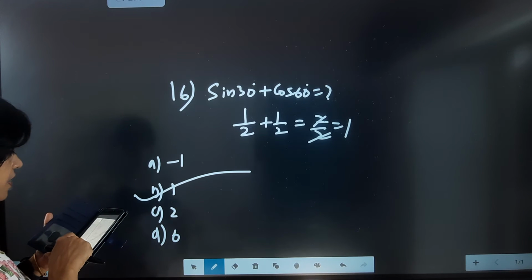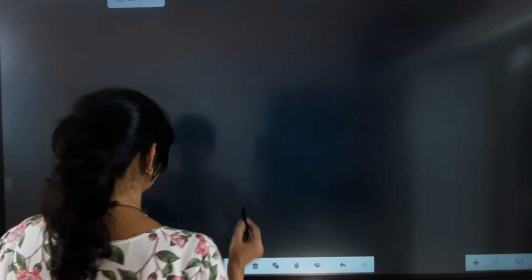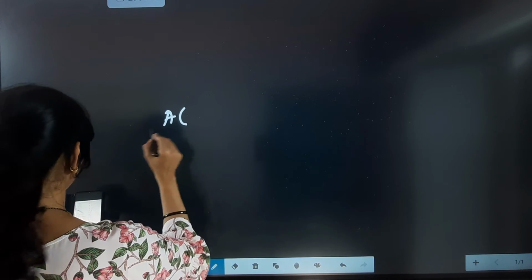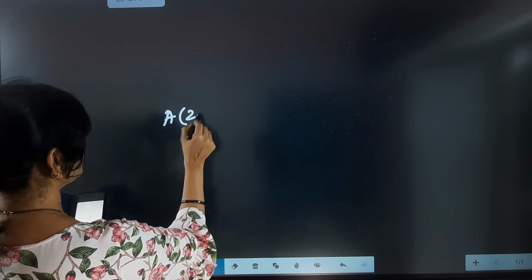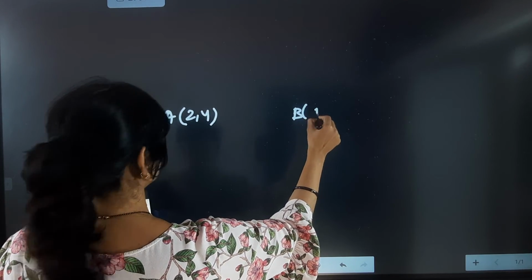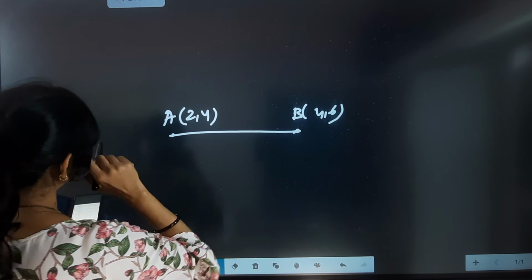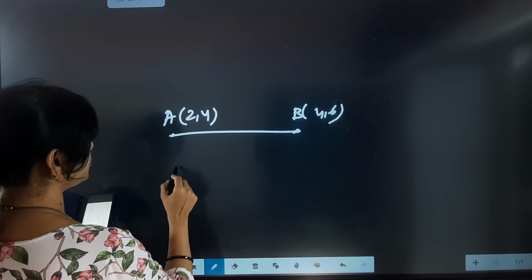Okay, distance between the pair of points. How to get the distance between pair of points? The first point given is 2 comma 4, the second point given is 4 comma 6. So what will be the distance between AB?